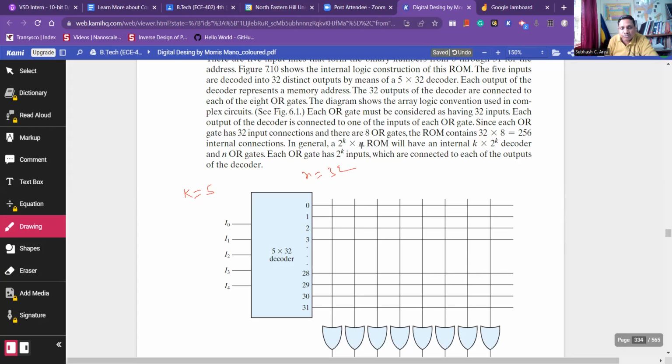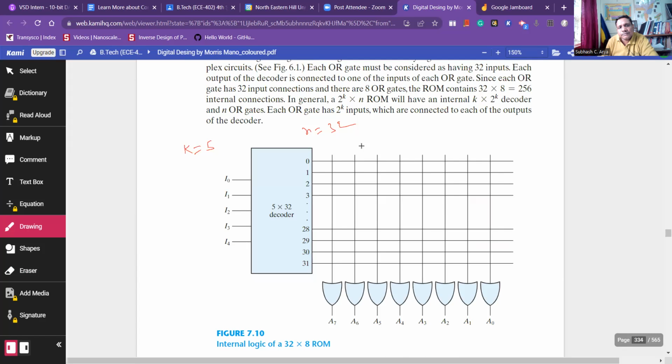The size of this decoder is 5 cross 32, with 32 outputs. So the size of ROM will be 2 to the power k, 2 to the power 5, multiplied by n, which is 8. So 2 to the power 5 is 32, into 8.